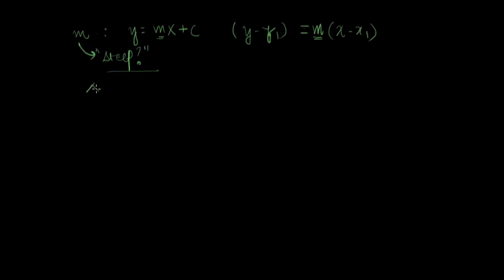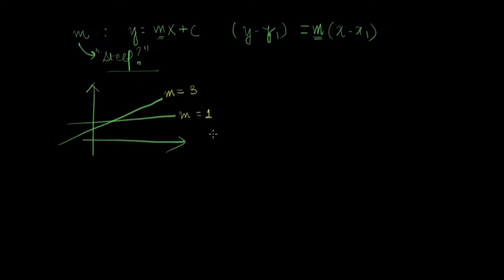And that is to say that if you have two lines like this and like this, we know just by the conceptual definition of the term m that this has a greater m value and this has a smaller m value. So this could be something like m equal to 3, and this could be something like m equal to 1, right?